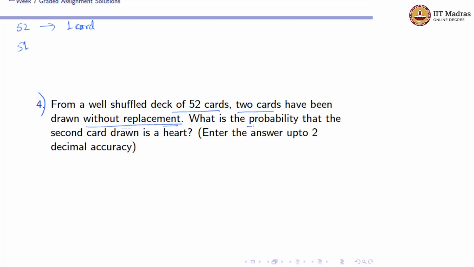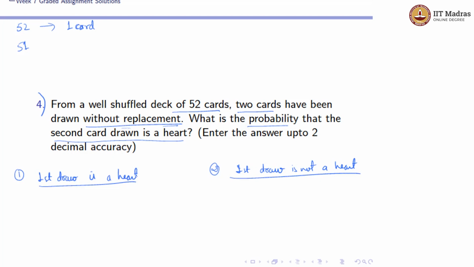Now we have to find the probability that the second card drawn is a heart. So we will consider 2 cases here. The first case is when the first draw is a heart, and the second case is when the first draw is not a heart.